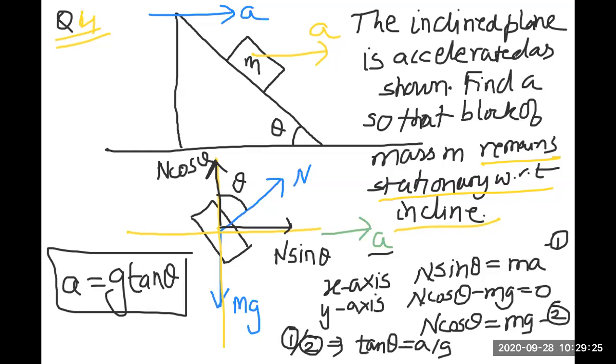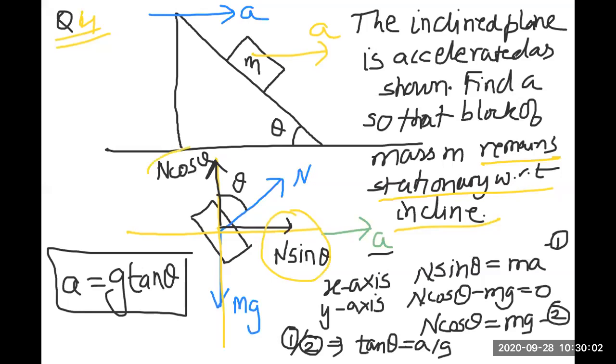If its acceleration is a horizontal, then I made the FBD, and in the FBD the axis I have to take should be along the direction of acceleration. Therefore, I take the axis along the x-axis and of course the other axis along the y-axis. I draw the forces acting on the object and I resolve them, and I find that along the x-axis the force is N sin theta.